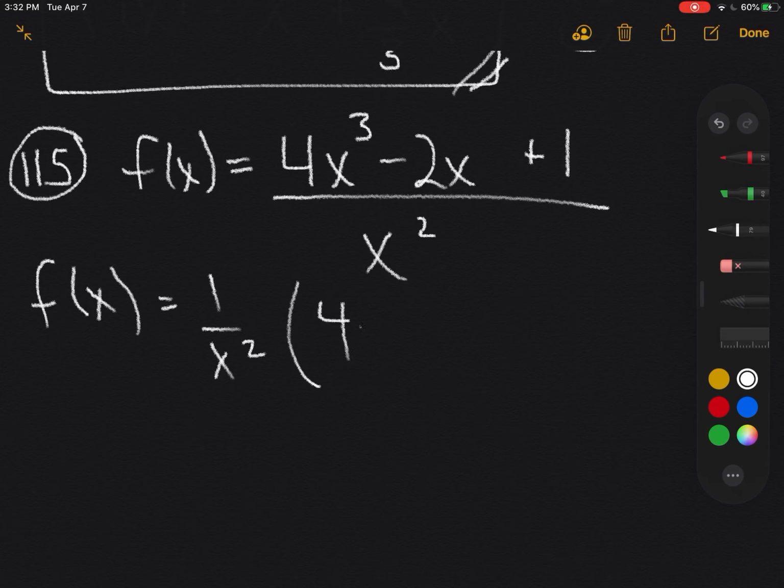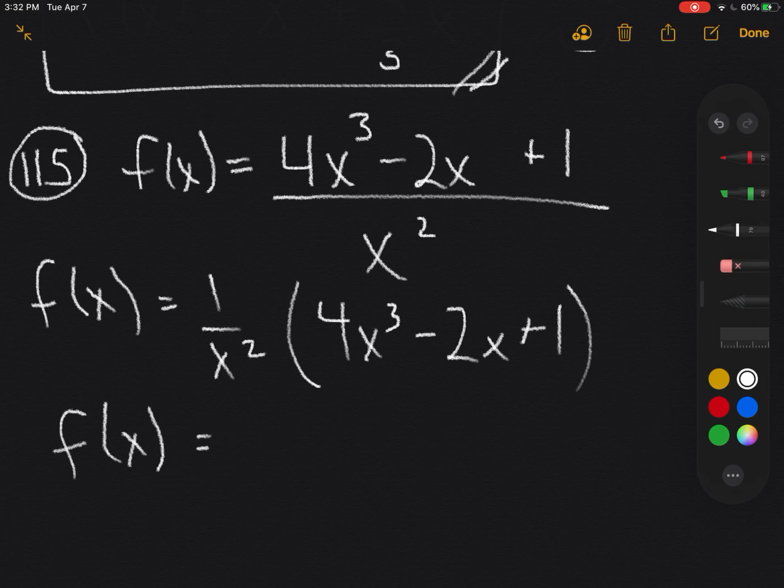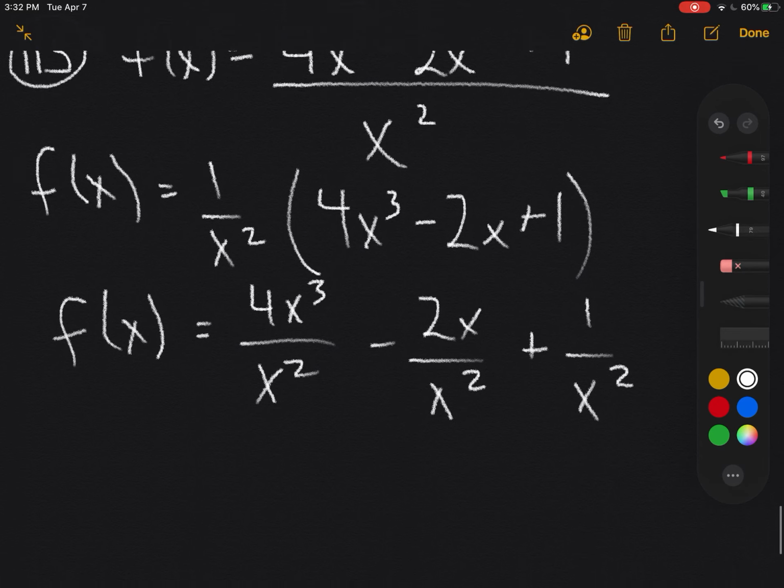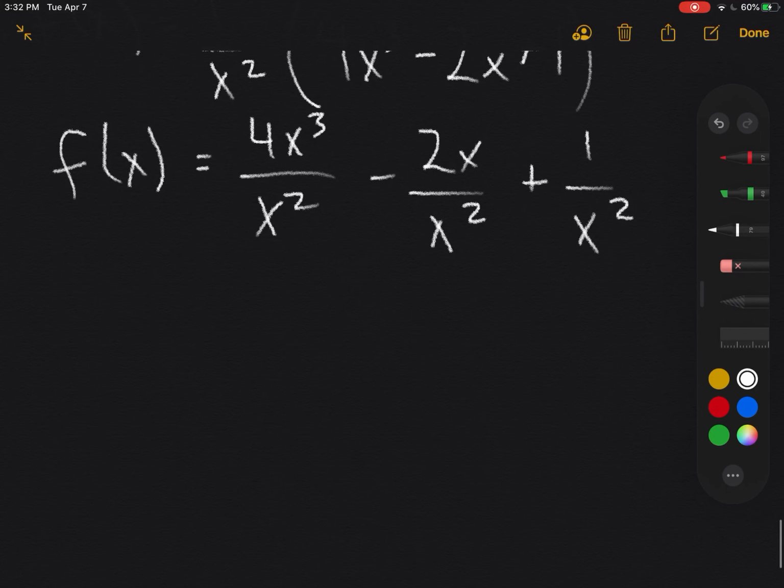Very, very similar. And I'm going to say f of x equals 1 over x squared times 4x cubed minus 2x plus 1. And then I'm going to distribute. F of x equals 4x cubed over x squared minus 2x over x squared plus 1 over x squared.